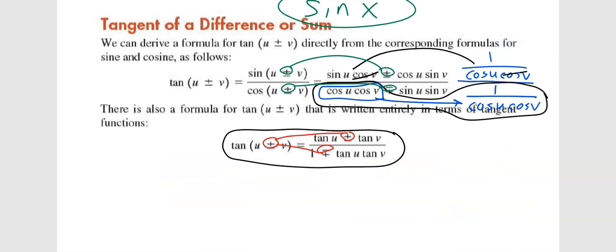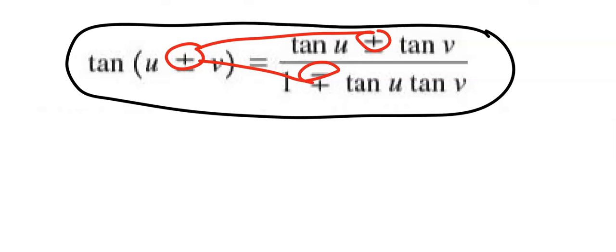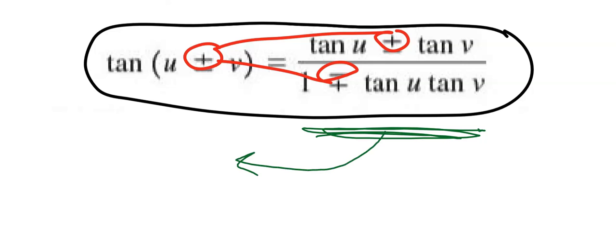Okay, when we dealt with a tangent, just look at that formula. Do you see the word tangent written a few times? What they were asking me to do for this question is they gave me this side, and they're forcing me to go backwards.